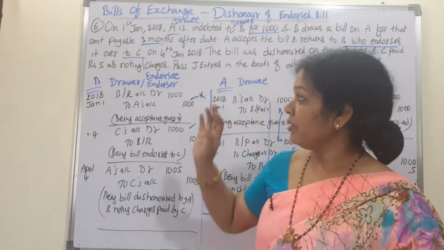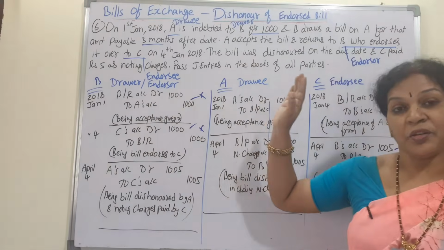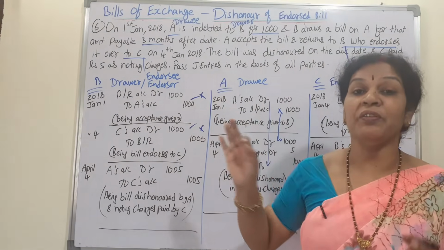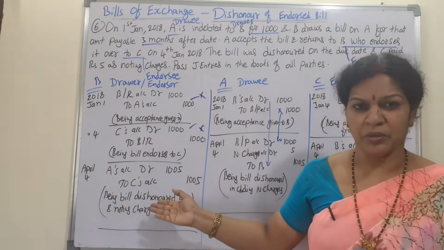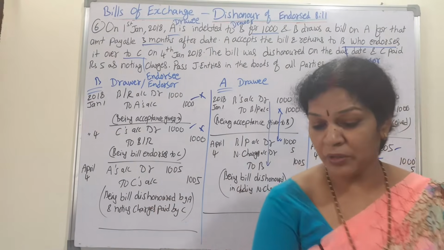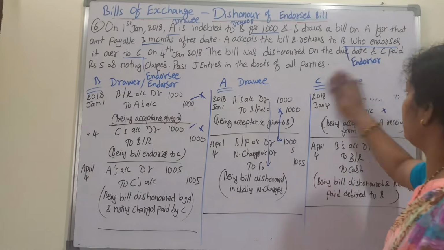So these are the simple journal entries you can note down or take a screenshot. Now suppose, in the books of the drawer, if we want to prepare any account, whose account can we prepare? A's account only. I will show you.